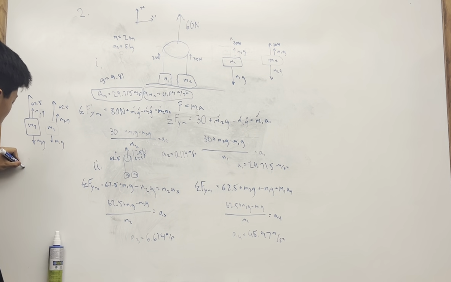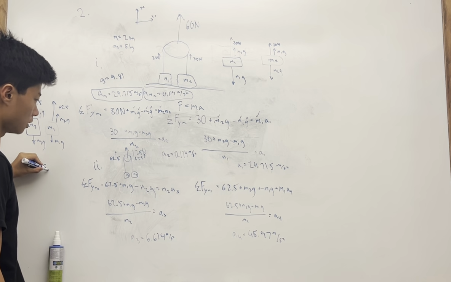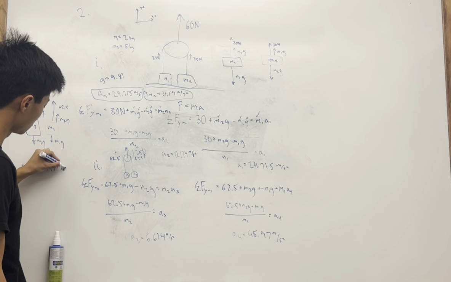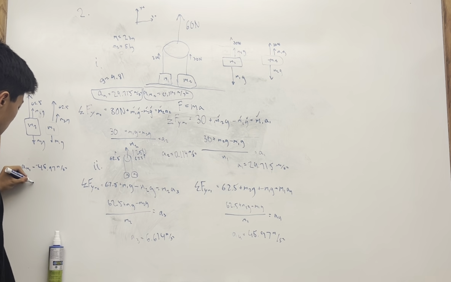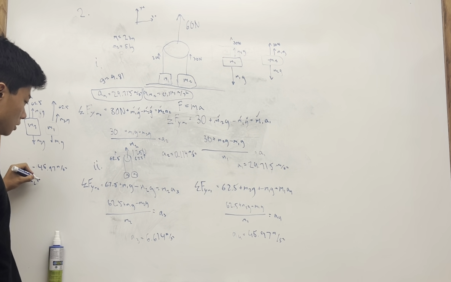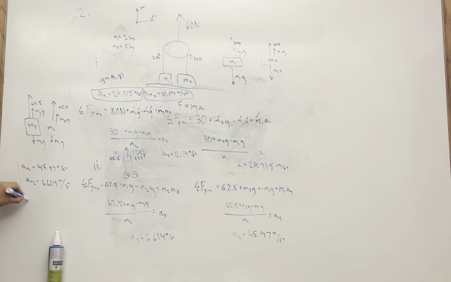So acceleration for mass 1 is 45.97 meters per second squared. Acceleration for mass 2 is 6.614 meters per second squared. And there we go.